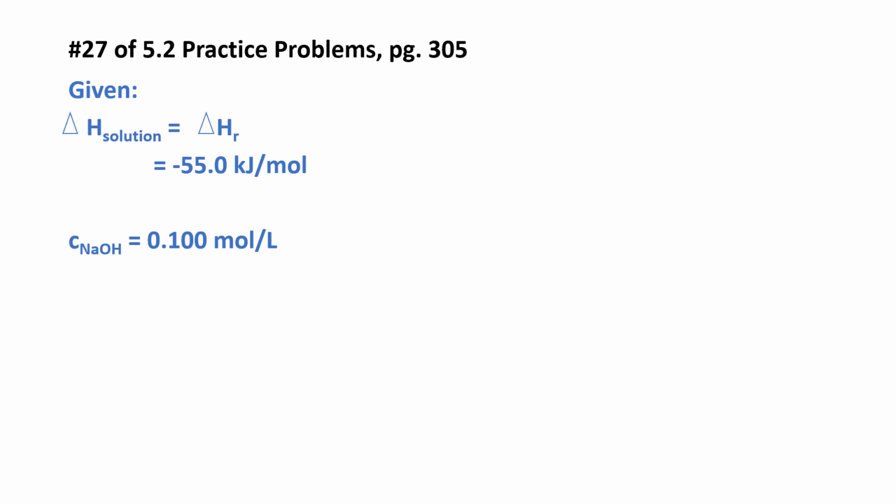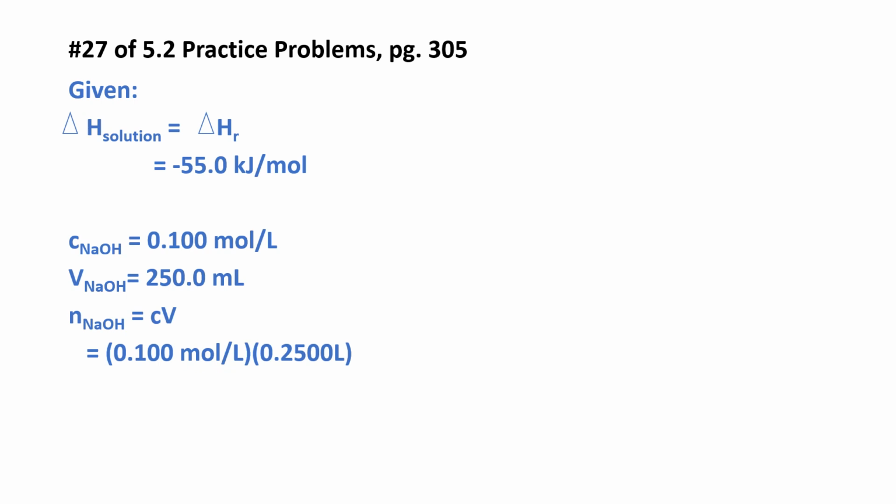We also have the concentration of sodium hydroxide and the volume of sodium hydroxide. So we can go ahead and calculate the number of moles by multiplying the concentration times the volume, remembering to put all the units in the same kind. So converting your milliliters again to liters, for a total of 0.0250 moles.